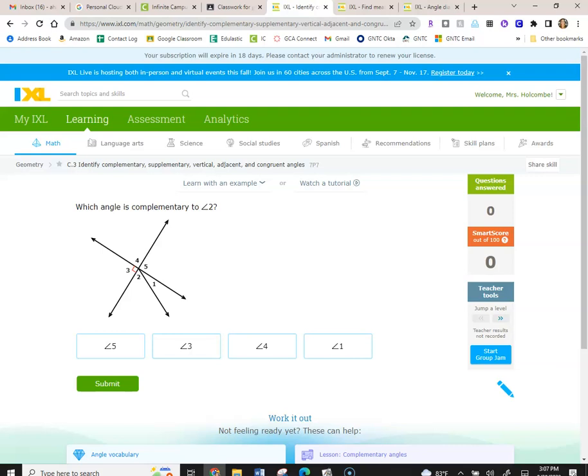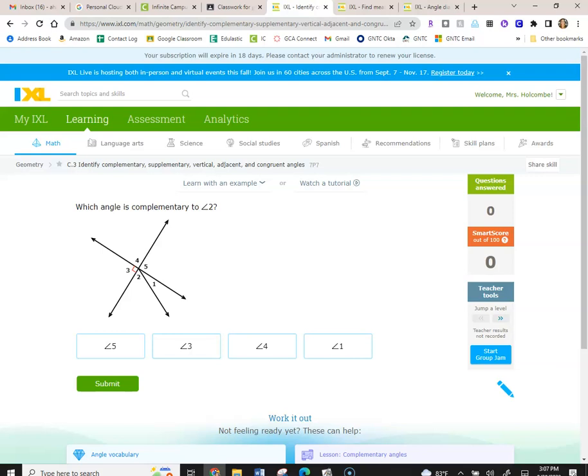Ready? Okay. We're going to start with an IXL that just covers the basic vocab. No actual math involved. It's just the basic vocab. It says, which angle is complementary to angle 2? Don't answer yet. Your key word is that it's complementary. I'm trying to help you with your mind, what you should think. Which means it adds to equal 90.